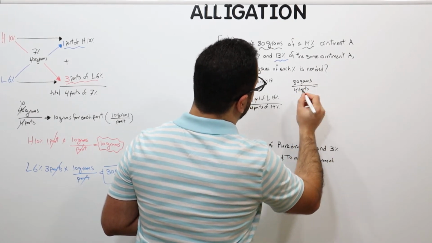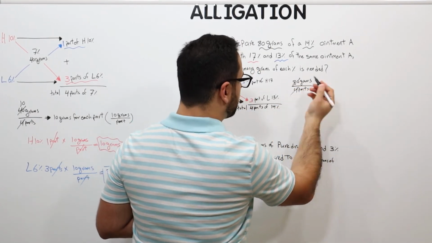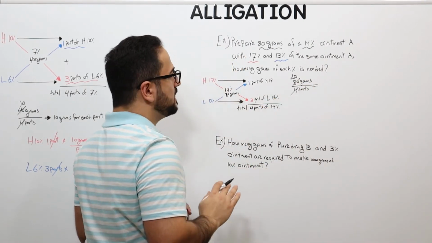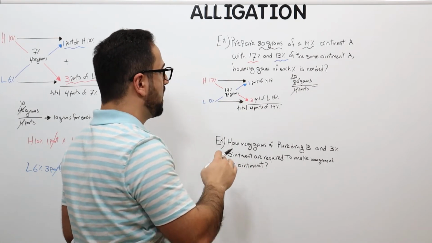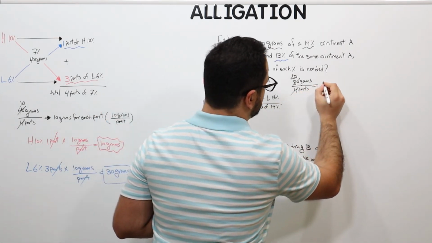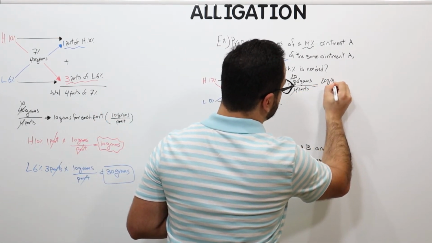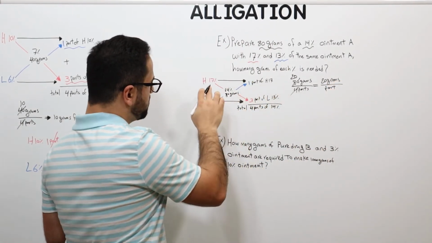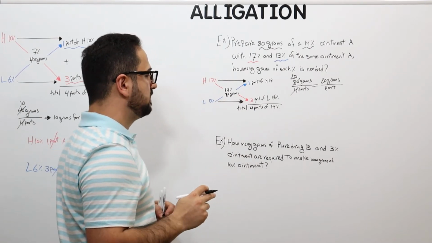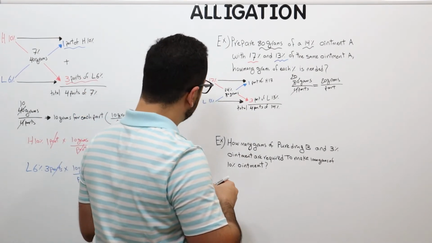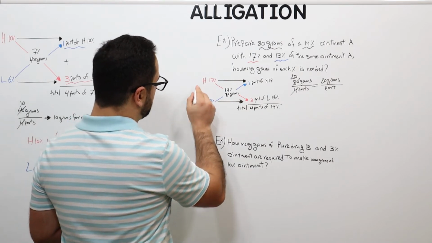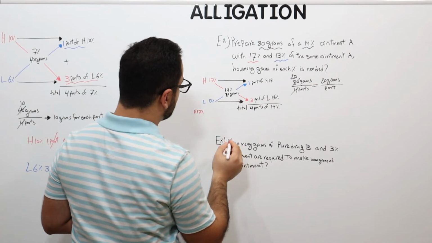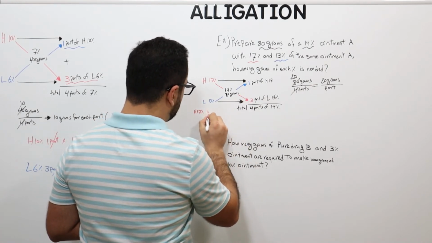So from here, if you divide, it's going to be 20 grams per part. So for each part, we need 20 grams. So for each part, from the high and low, we need 20 grams. So from the high, 17%, we need 1 part.